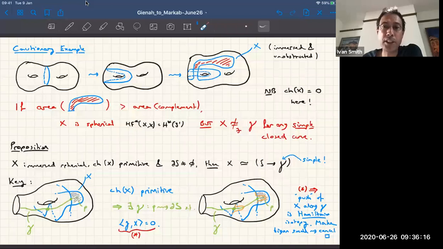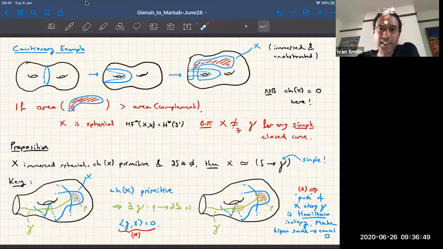Now I have an immersed curve, and it has these two self-intersection points, but they bound exactly one holomorphic strip. So from the point of view of Floer theory, the new generators in the Floer complex I added get cancelled by this unique strip. And this is still a spherical object, this immersed curve. It doesn't bound any teardrops, so it's a perfectly happy, unobstructed object of the Fukaya category.